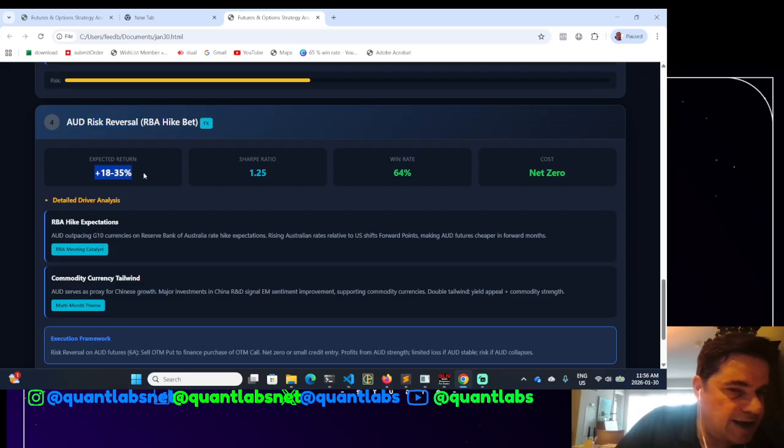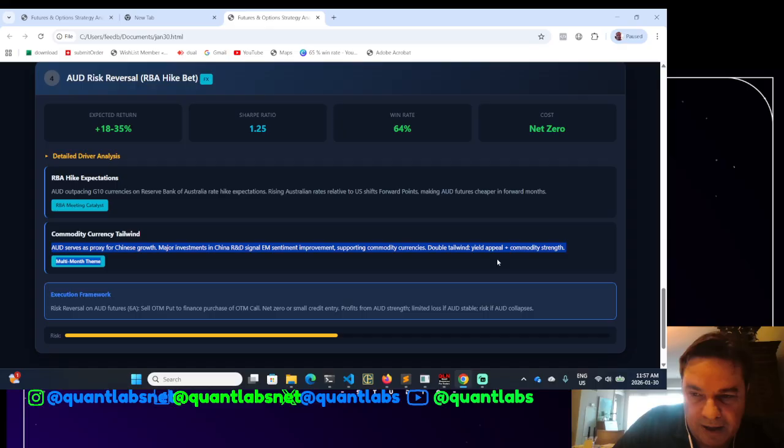So you have a good return of 18 to 35%, Sharpe ratio at 1.2, win ratio of 64%, and net zero, meaning it's risk neutral. So here we anticipate the Australian dollar outpacing the G10 currencies with the central bank raising interest and then the rising Australian dollar relative to US, making Australian futures cheaper in 4 months.